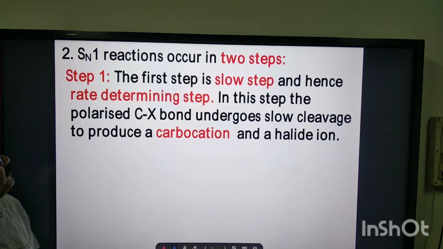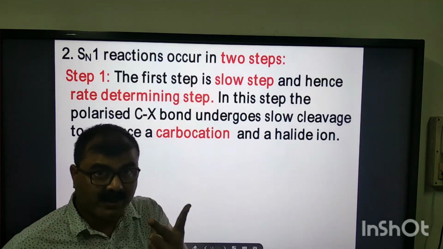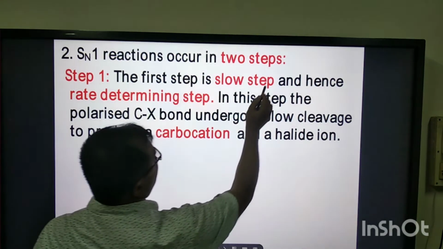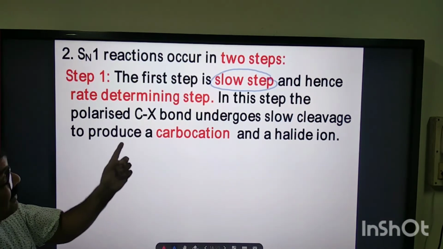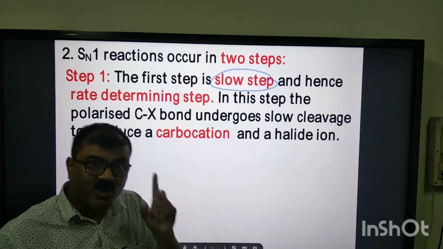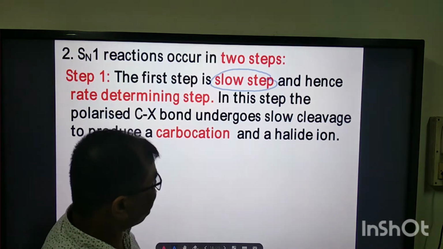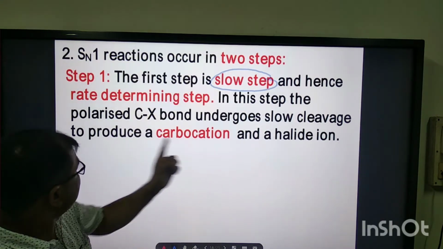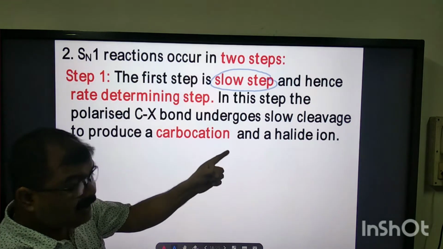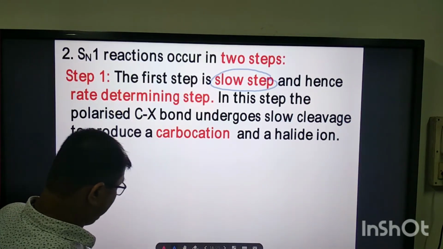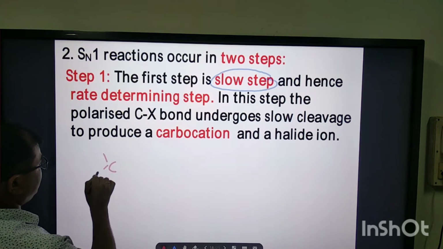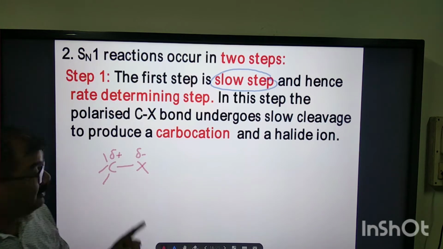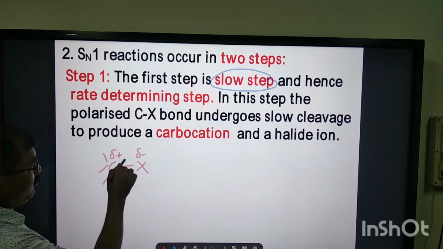See, second point: the SN1 reaction occurs in 2 steps. Already I said. Step 1 is what? Step 1 is the slow step, and hence it is the rate determining step. Slow step is the rate determining step. Here the C-X bond, the carbon halogen bond, undergoes slow cleavage to produce the carbocation and halide ion. Once again I am writing, you see: any carbon halogen bond undergoes heterolytic cleavage.